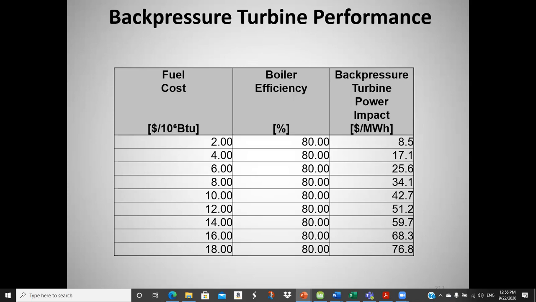We're saying at $2 per million BTUs, 80% efficiency, that translates to $8.50 per megawatt hour. You have to move the decimal point 3 places to get a kilowatt hour. So what is that? $0.0085 per kilowatt hour. Well, that's pretty cheap. That's less than a penny.